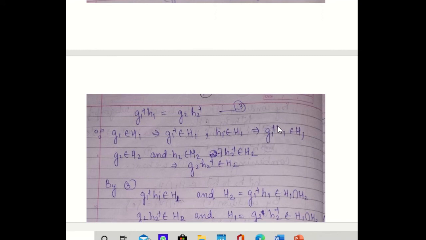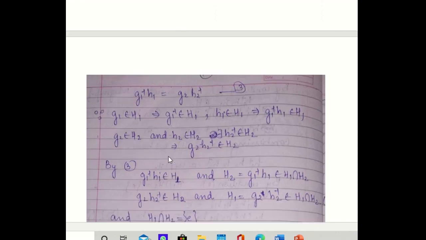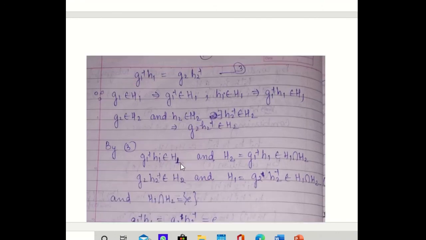This implies G1 inverse times H1 belongs to capital H1. Similarly, G2 is an element of H2 and H2 is an element of capital H2. So H2 inverse will be in H2, and so G2 times H2 inverse belongs to H2.